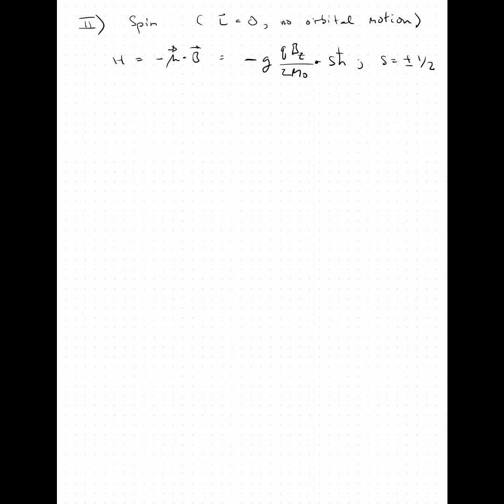We found that for an electron, g is equal to 2. And for a proton, we were told last class that g is equal to 5.6. Okay, and this is something we determined from the experiments in the last class.